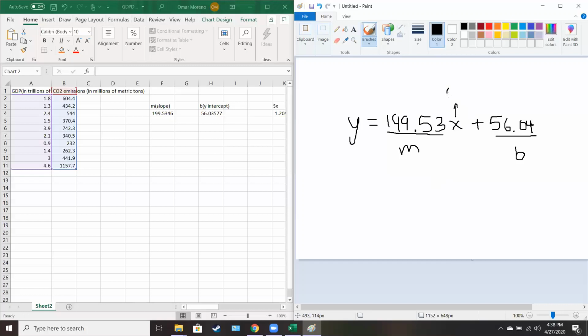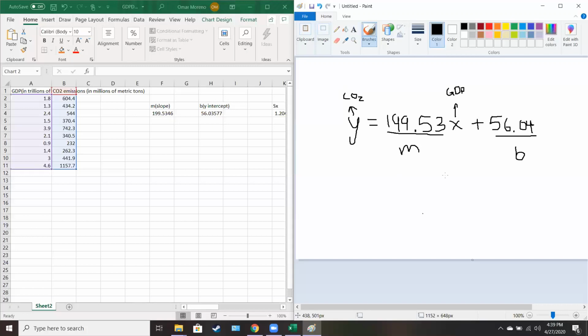This is the GDP. So GDP is your x, right? As x is increasing or decreasing, this is not necessarily affecting, but this is describing how the linear relationship is set up, right? So y is your CO2 emissions, right?